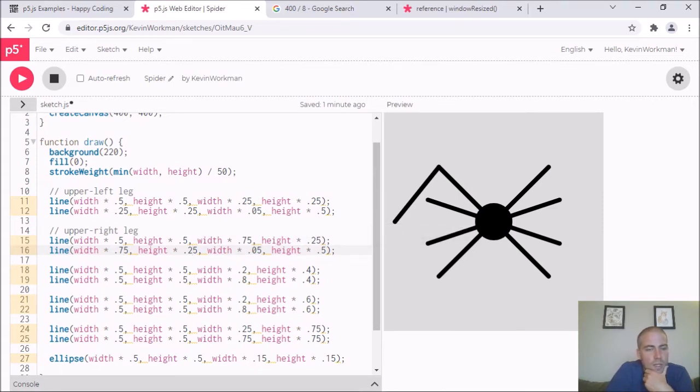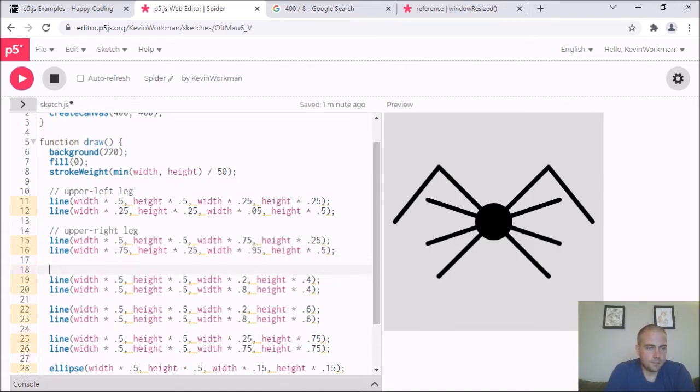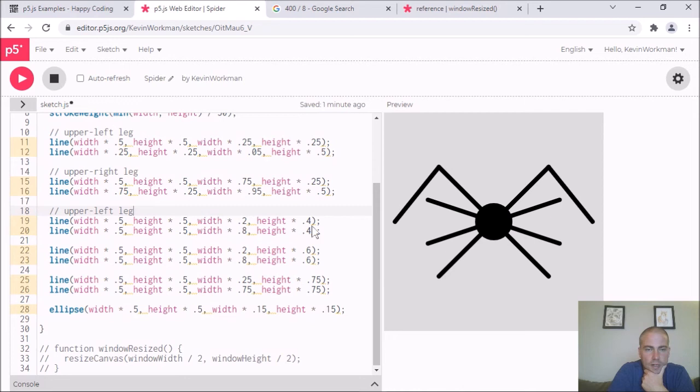Then I want to go to the symmetrical side over here. So instead of times 0.05, I'll do times 0.95, very close to the right edge, and the height will be the same. Yeah, okay. Let's see if I like how it looks after I get the second pair of legs going.